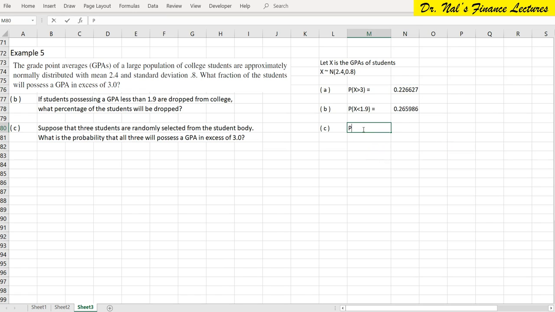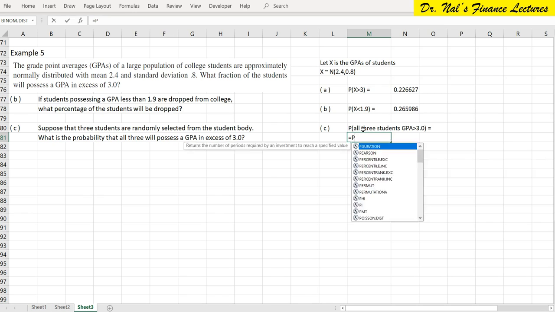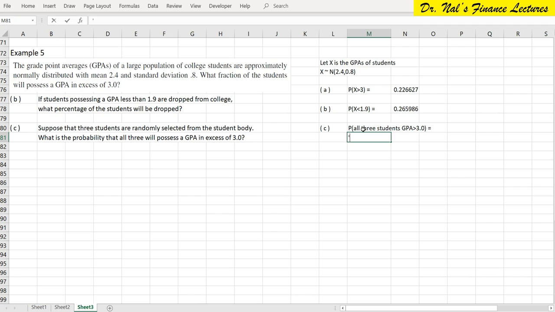So the desired probability, all 3 students with GPA greater than 3.0, would simply be equal to the probability of the first student being greater than 3.0, times the probability of the second student, you can call it x2, being greater than 3.0, times the probability of the third student, x3, being greater than 3.0.